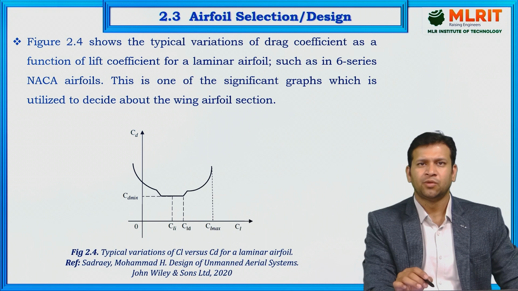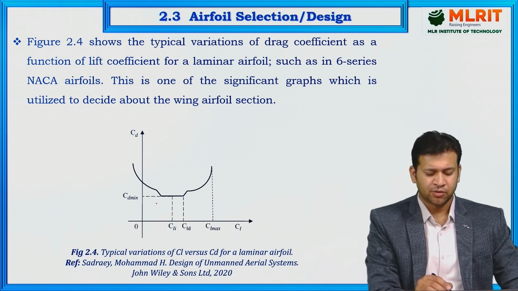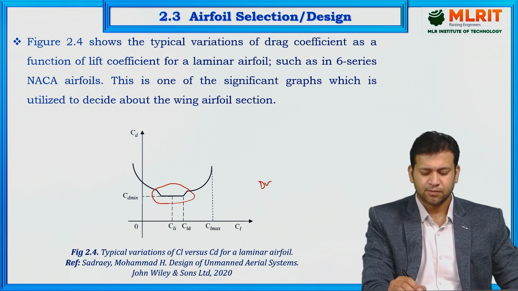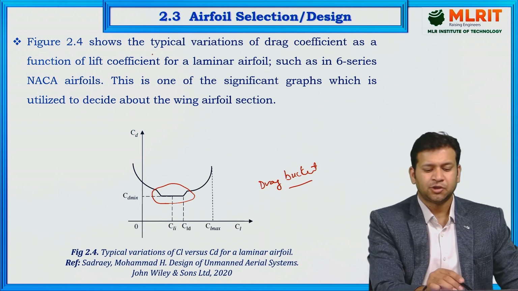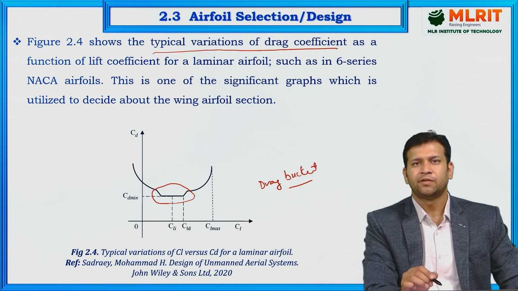The figure 2.4 here shows a concept called drag bucket. The figure shows typical variations of drag coefficients as a function of lift coefficient for a laminar airfoil, such as in 6 series NACA airfoils.